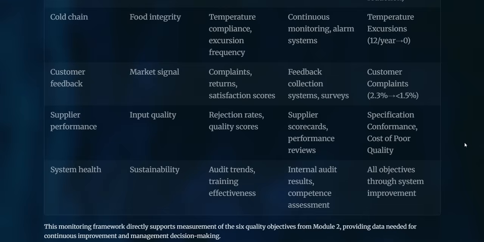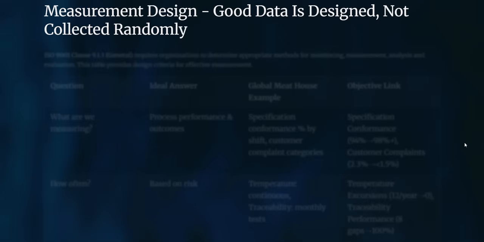This monitoring framework directly supports measurement of the 6 quality objectives from our Module 2, providing data needed for continuous improvement and management decision making. Measurement data: good data is designed, and good data is not collected randomly.